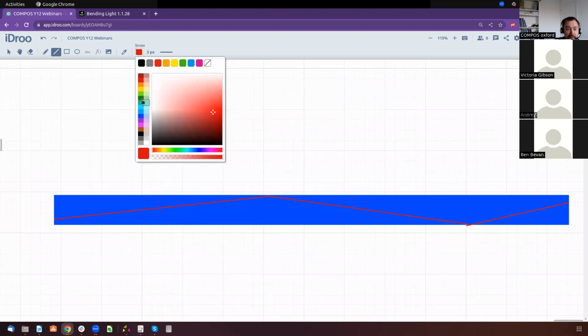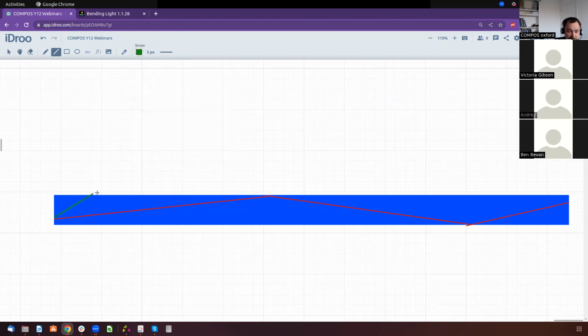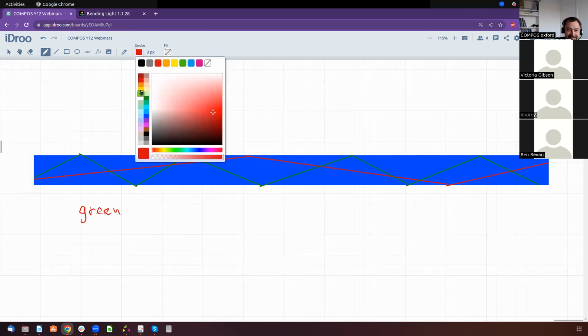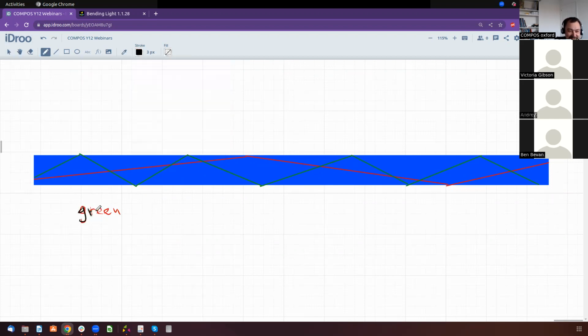And the second path is like this. So the green path, I shouldn't write the word green in red. Green path takes more time.